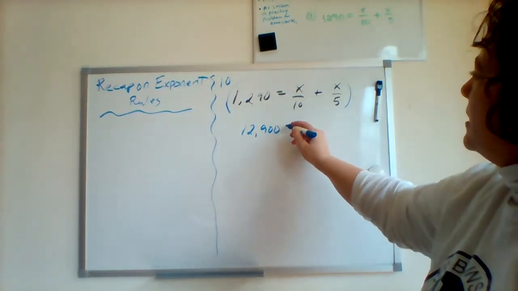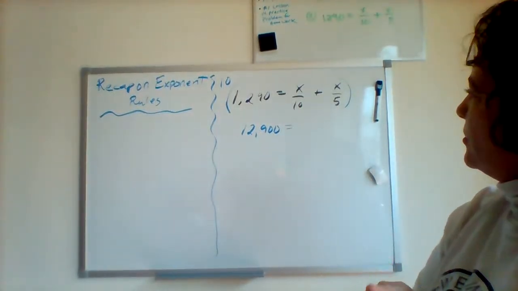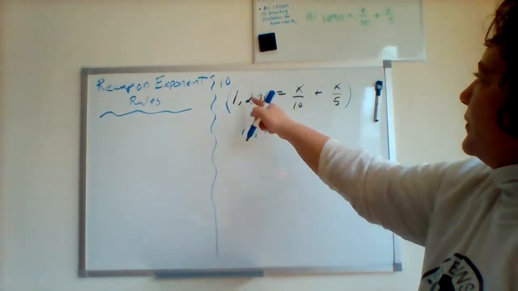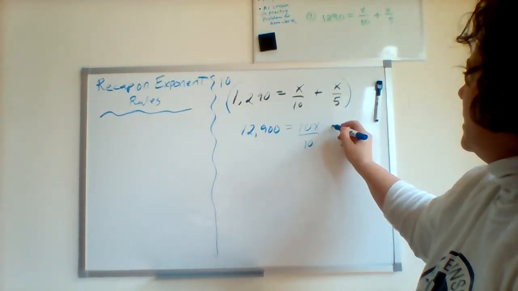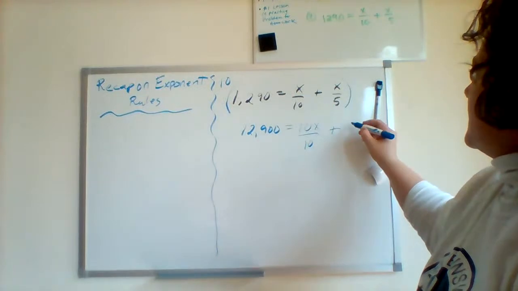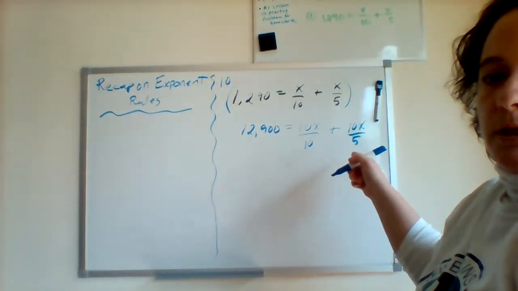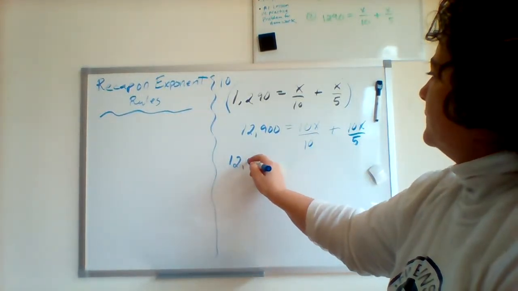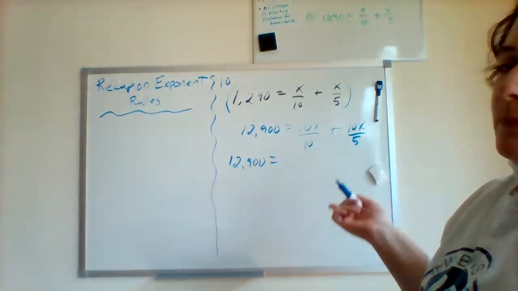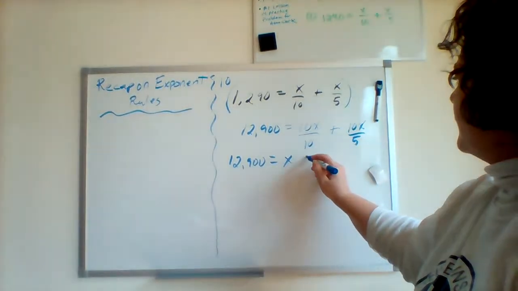All right, equals. Now, you can look at this a couple of different ways. And I guess I'll do it the long way first. 10 times x is 10x, right? And 10 times x again is 10x. But this is the part that's important, because what's happening here? 10 divided by 10 is just 1. So you're left with x.